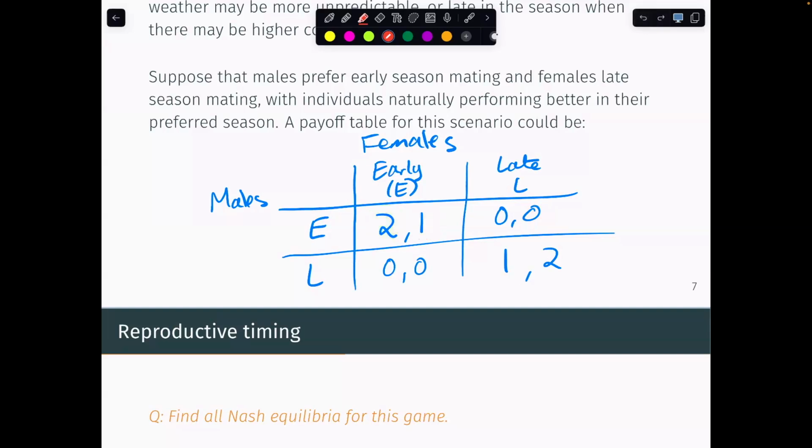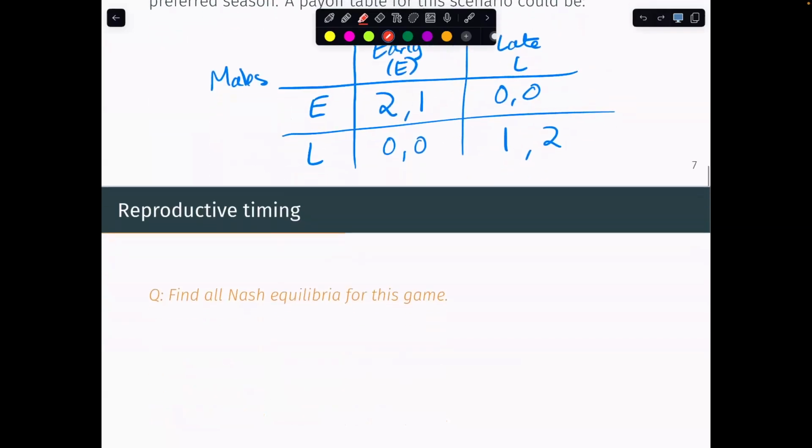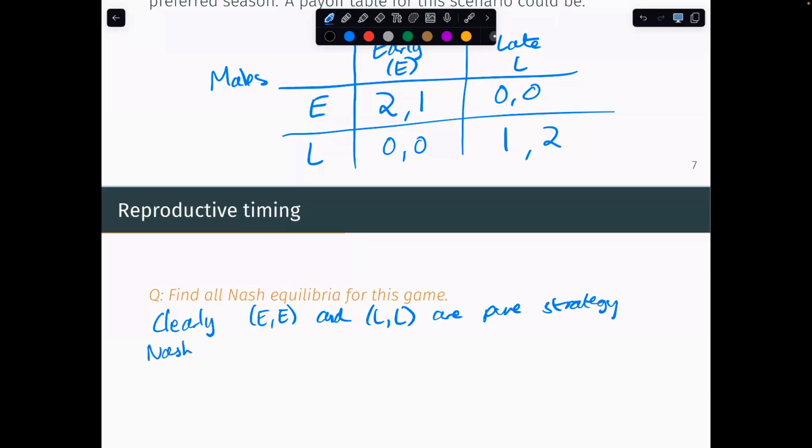By exactly the same logic, late is also a Nash equilibrium. So we have 2 pure strategy Nash equilibria here. So clearly early and late are pure strategy Nash equilibria.